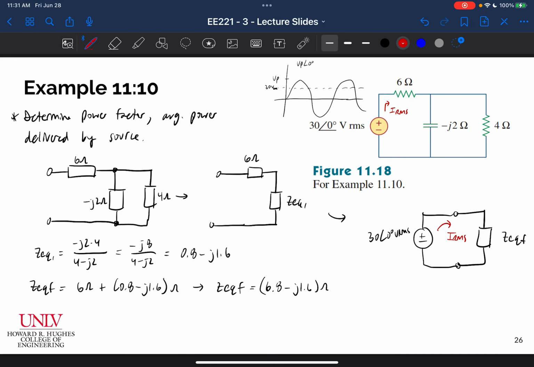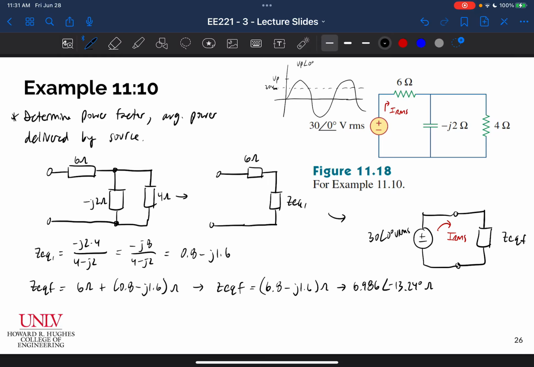Maybe I do want to convert my ZEQ into a phasor here: 6.8 minus 1.6i. Using math complex, my polar form, my phasor form, is going to be 6.986, it looks like, angle negative 13.24 degrees.